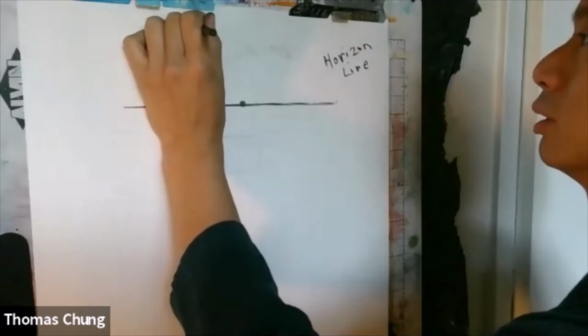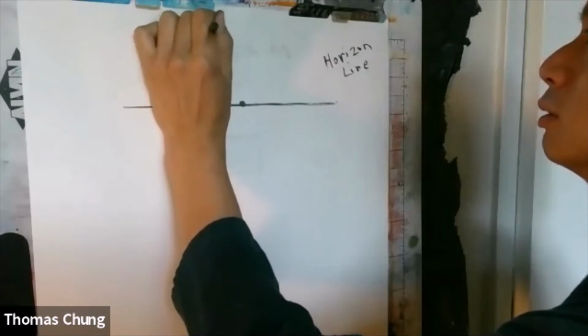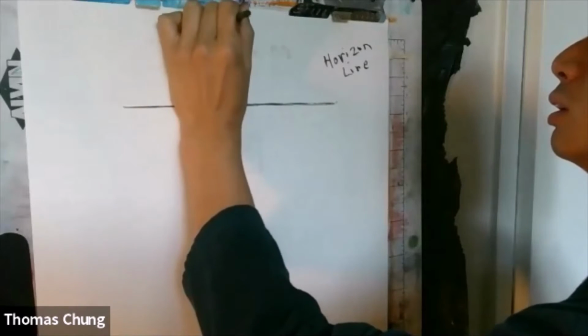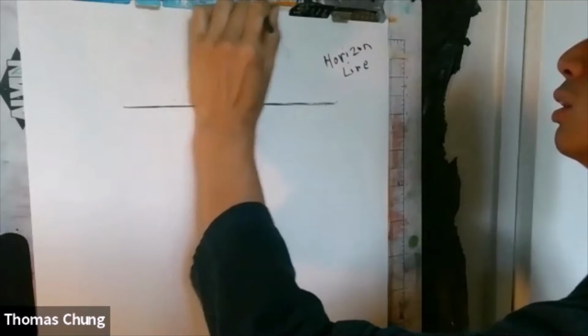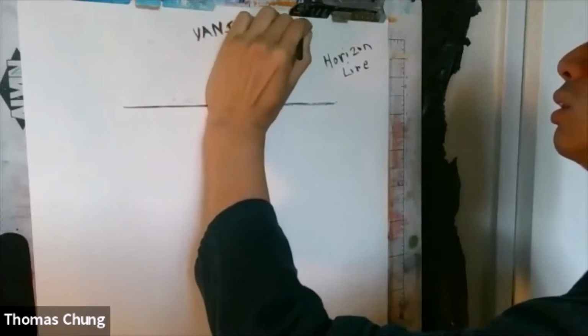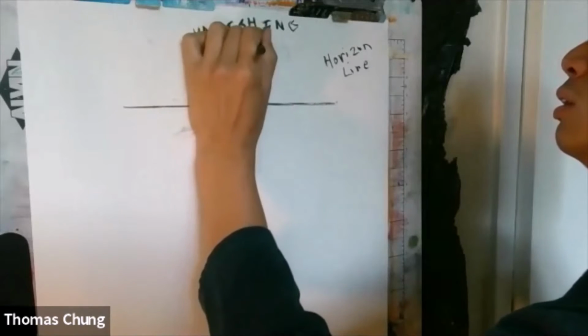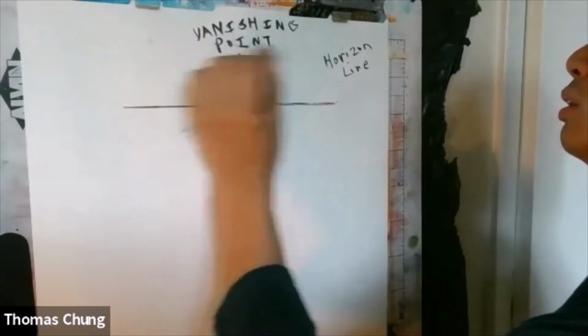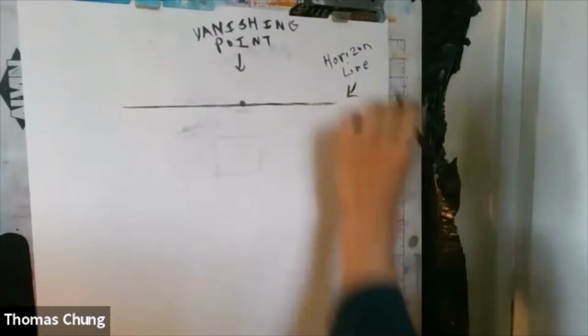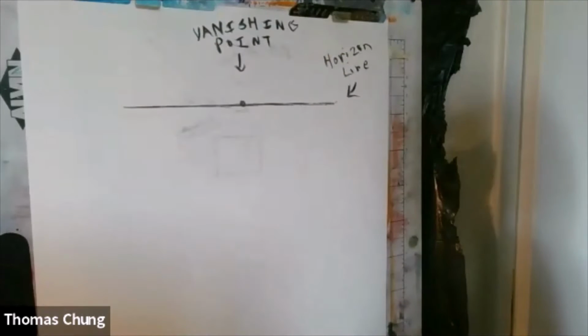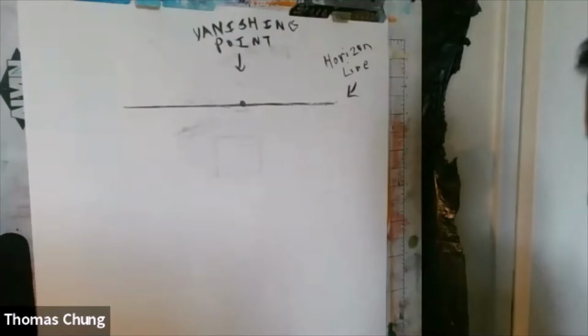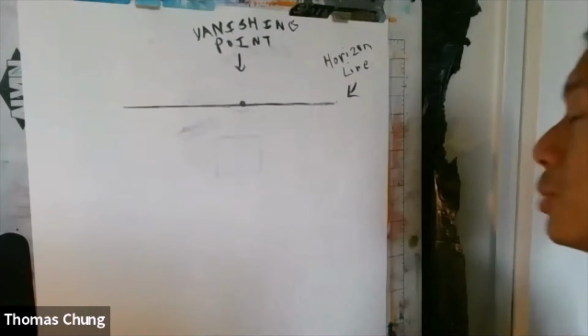That is the vanishing point. You've got your horizon line, your vanishing point, and then I'm going to go over 1-point perspective first.